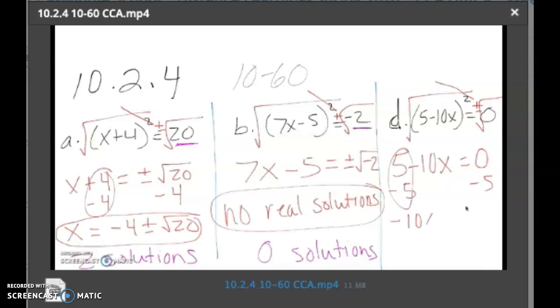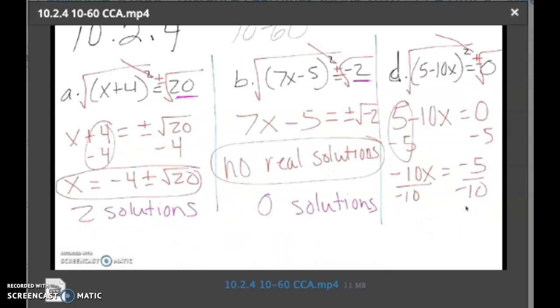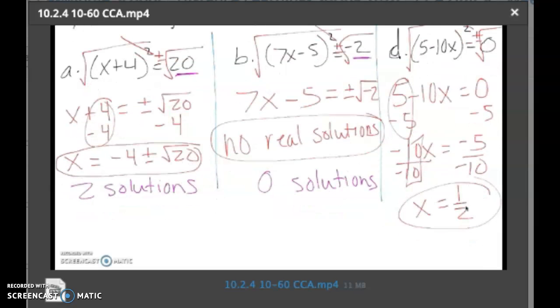So I get negative 10x equals negative 5. And I would divide both sides by negative 10. And I get that x equals 1/2. Okay, so here I'm seeing that I only have one solution.